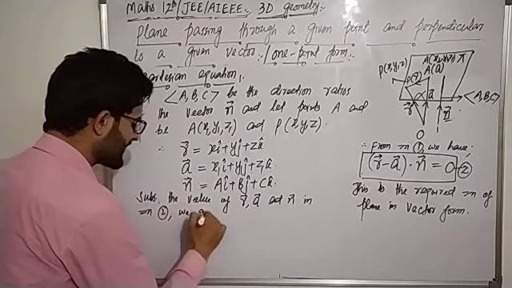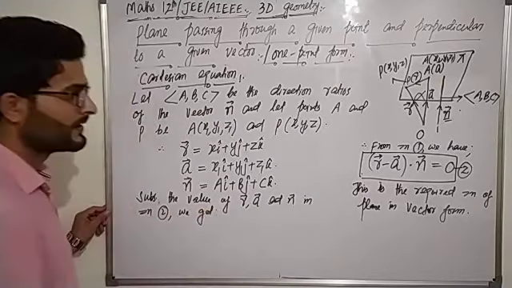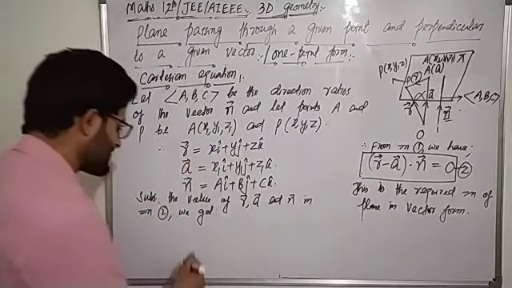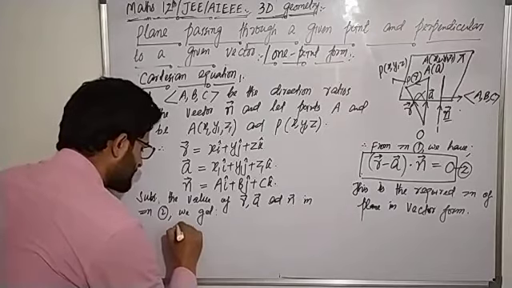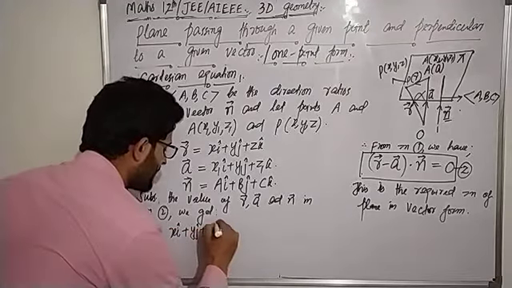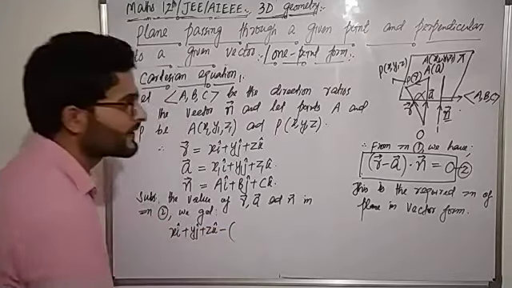In equation second we get, what we get? R vector minus A vector. Put the value of R vector, that's xi plus yj plus zk minus A vector.